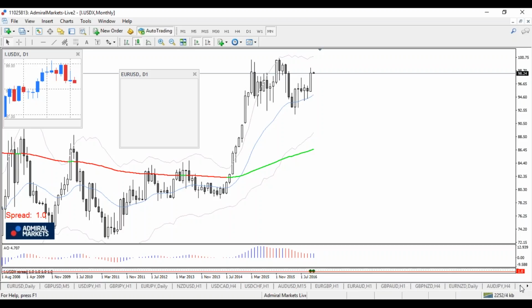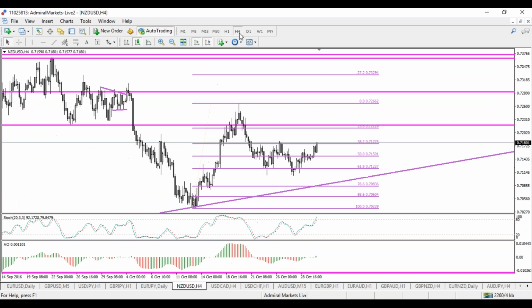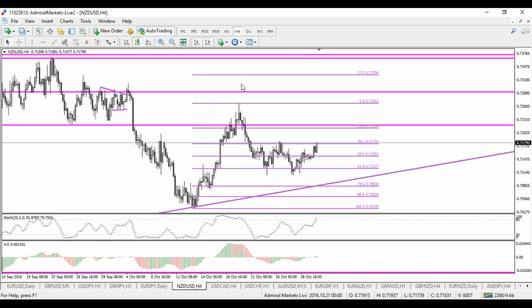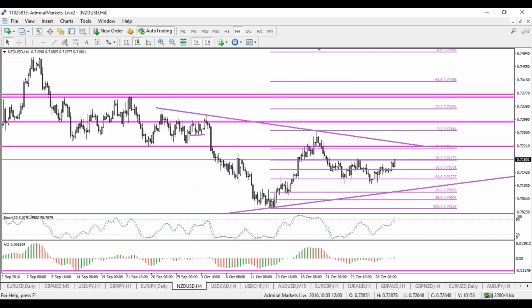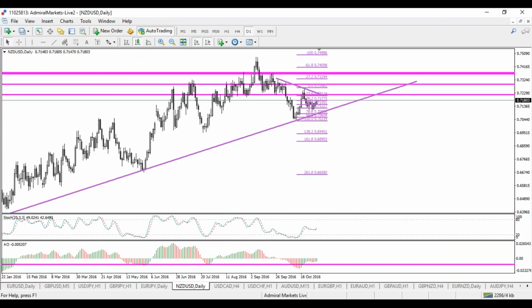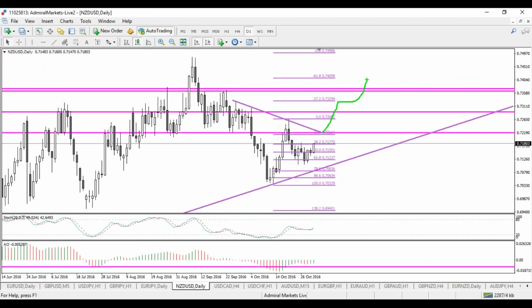Let's take a look at some other pairs. Alrighty, Kiwi is basically following the double bottom at 61.8. That's why we have this fib on. And it seems to be bouncing off of that. And if it breaks this trend line, there could be a zigzag up to these targets, 73.25, 74.